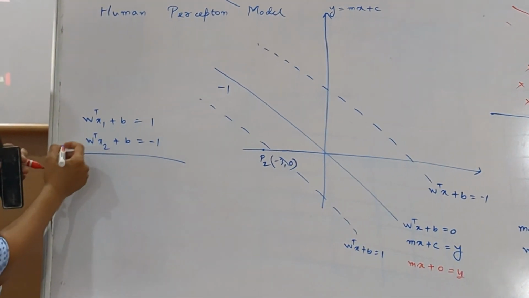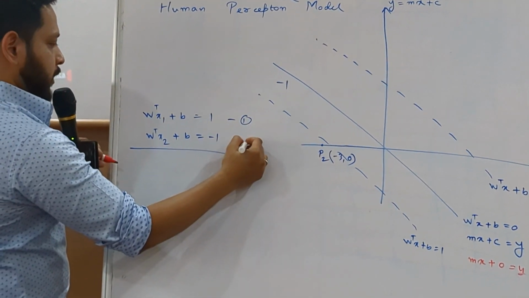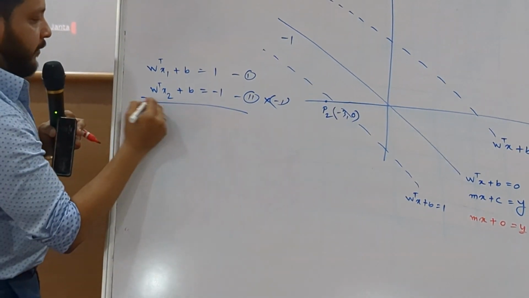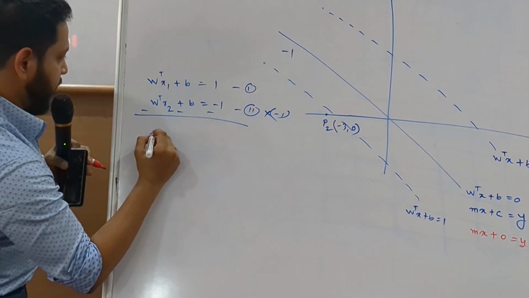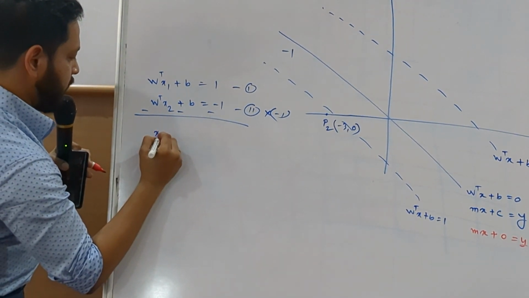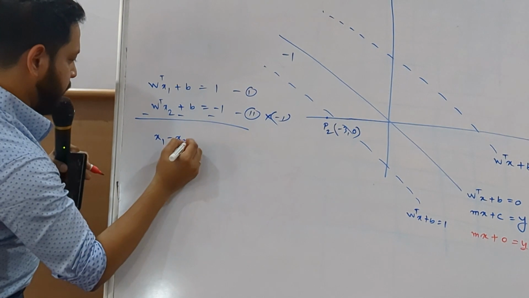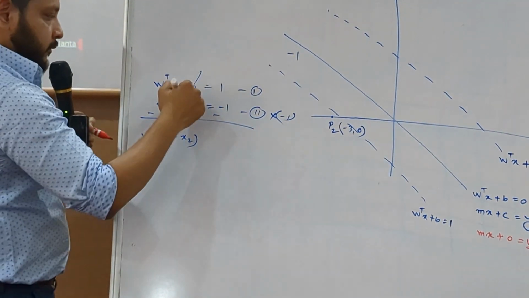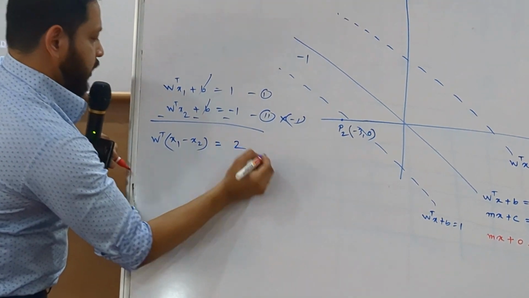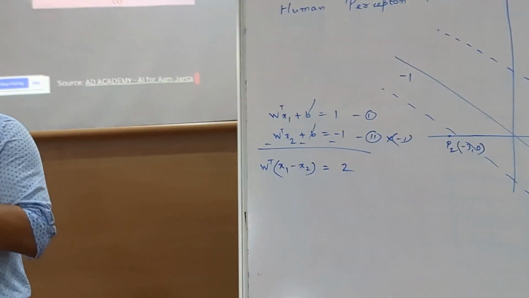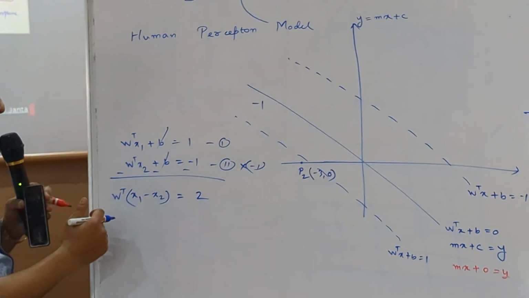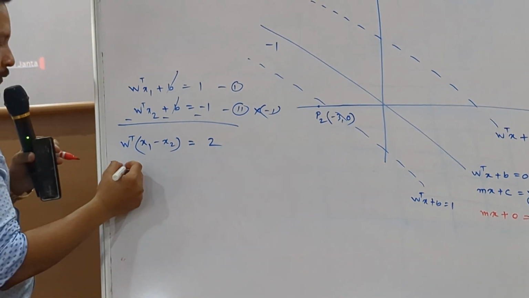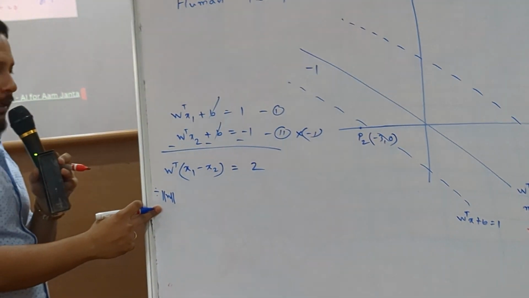Now, if we multiply equation 1 with minus 1, it will be the opposite, minus, minus. So it will be x1 minus x2, W transpose, b will cancel each other, equals to 2. Right, is this okay? Now we have to divide both sides by the norm of W. Why do we divide it by the norm of W?